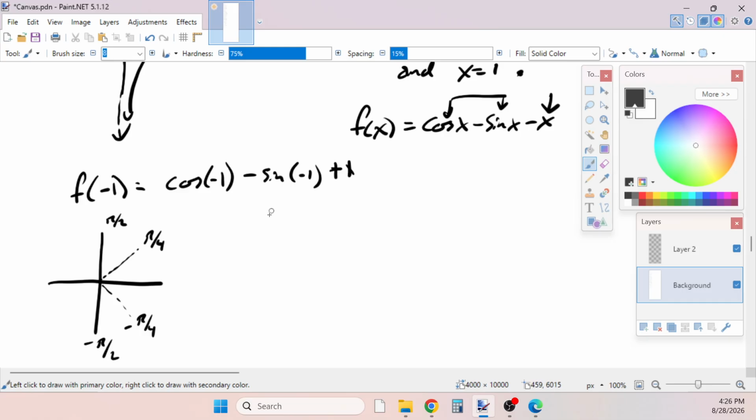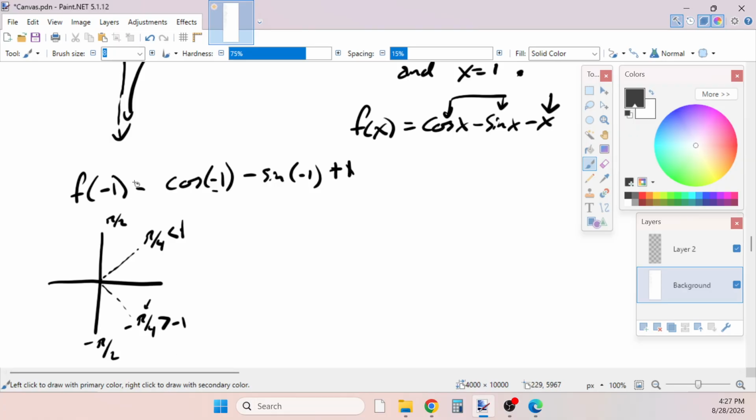So we need to pull out some facts about cosine and sine, and some facts about radians. So pi is a little more than 3, but it's less than 4. Pi over 4 is less than 1, which means negative pi over 4 is more than negative 1.